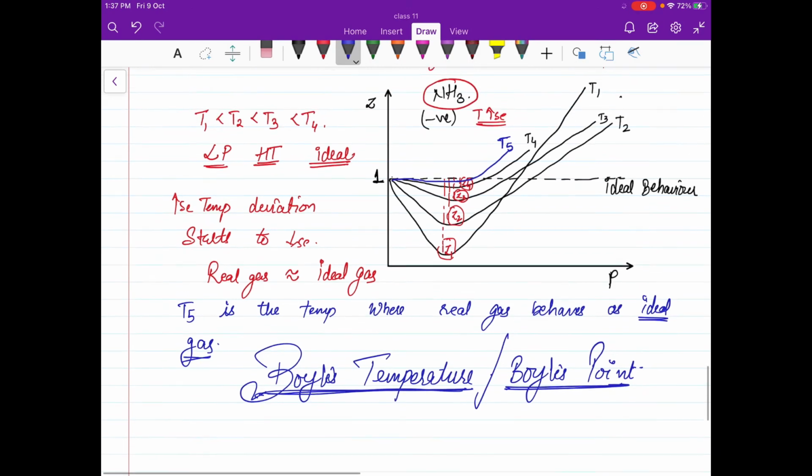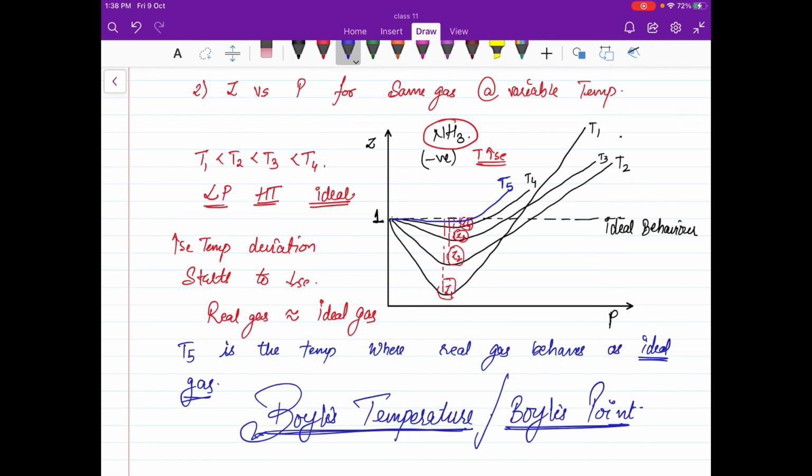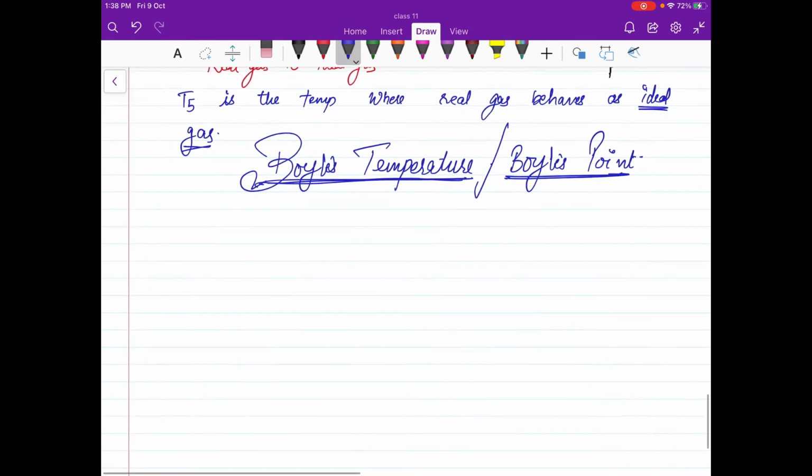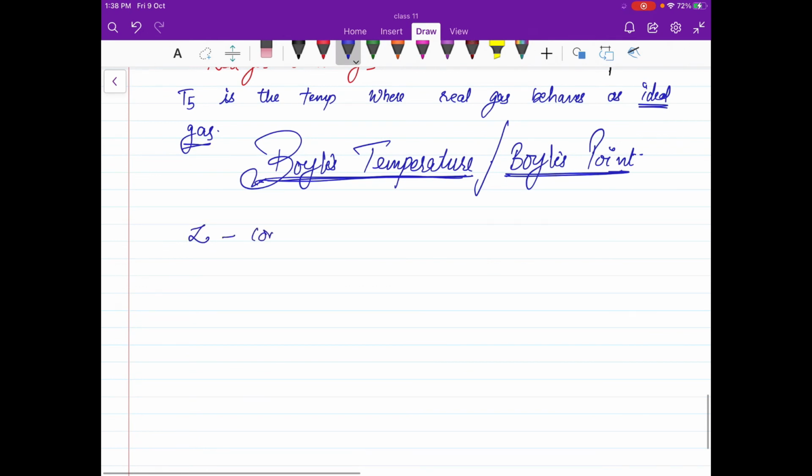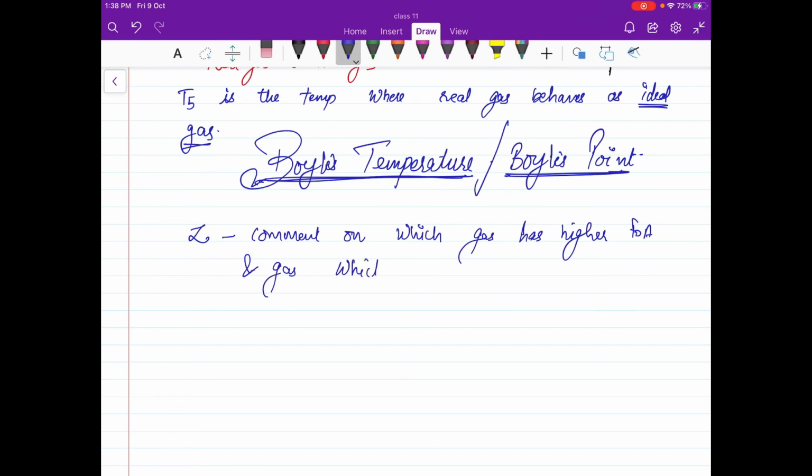Very important. So this was a very interesting part where we talked about the graph of Z versus P for different gases at constant temperature and for the same gas at different temperatures, and with the help of this compressibility factor we can comment on which gas has higher force of attraction and which gas is easily liquefiable.